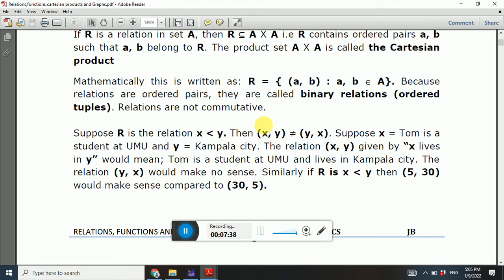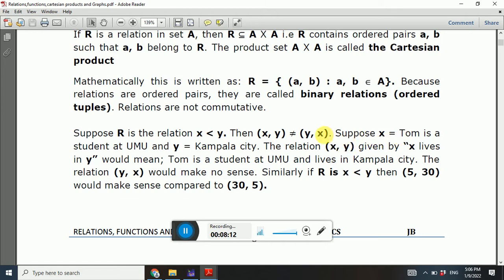So suppose this x is from set A and this y is from set B. If you again say that this pair will be the same as yx, it would mean that x and y are from the same set, which is not true. So we cannot have commutativity when it comes to relations. These 2 pairs are always treated as different.